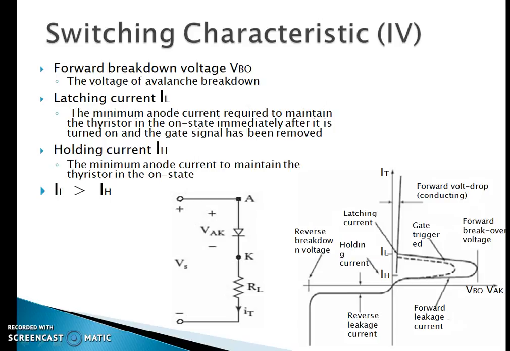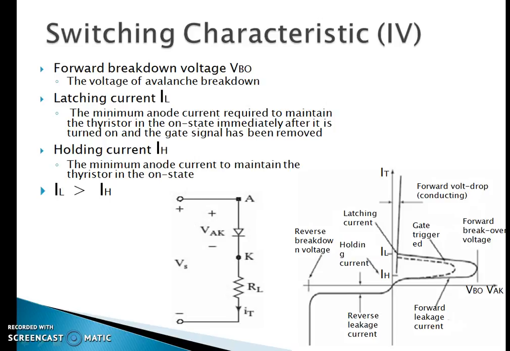But when the anode to cathode voltage reaches above VBO, conduction is possible when the gate signal appears. VBR is the reverse breakdown voltage, which is specified by the manufacturer.